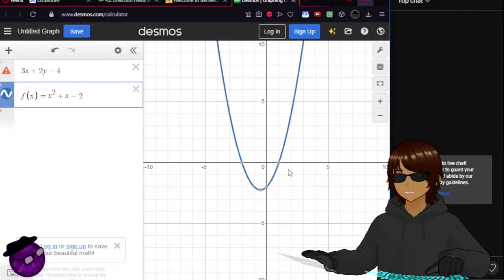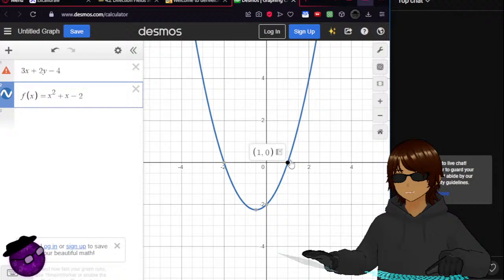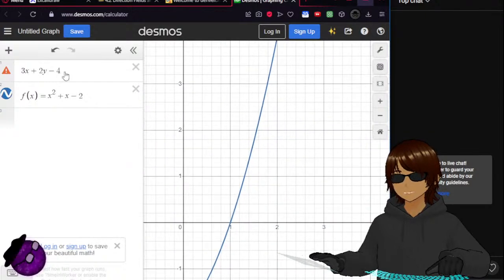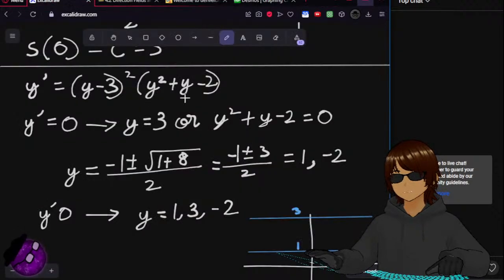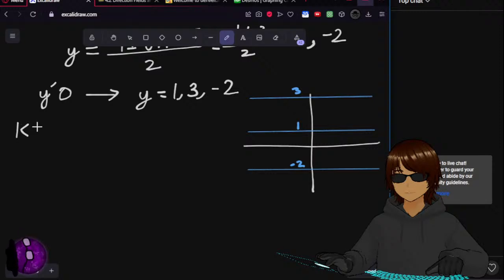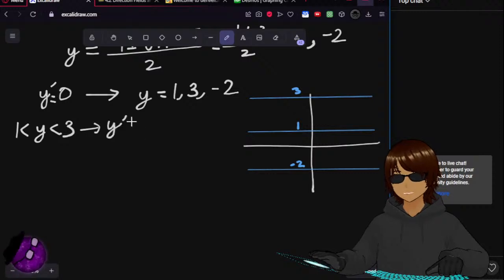Let's see, between 1 and 3, this is always positive. Between 1 and 3 implies the derivative is always positive.